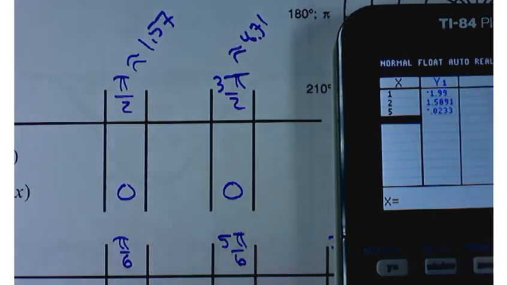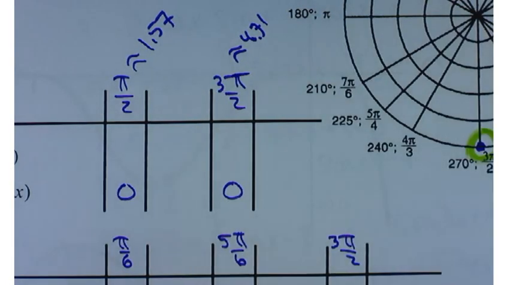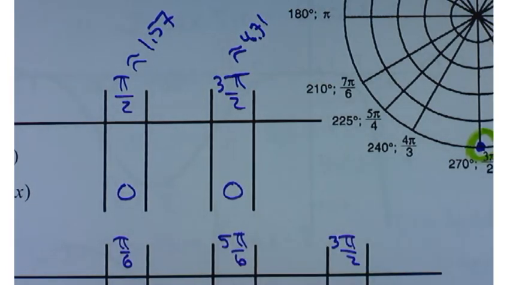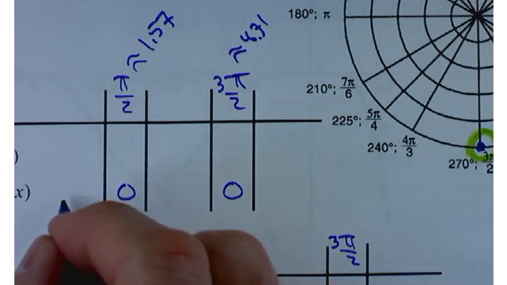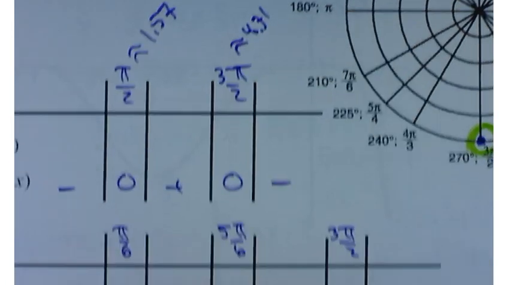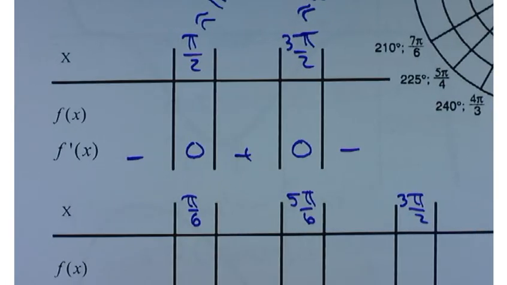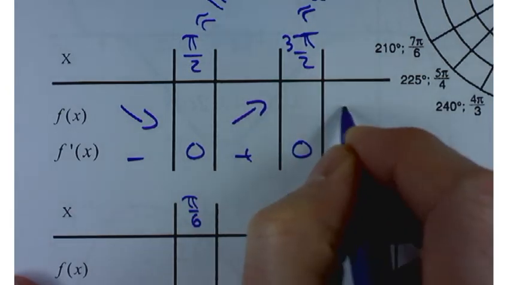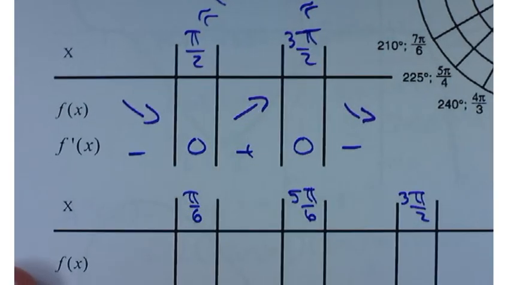So positive, negative, positive. That's what this is telling me. No, excuse me, the other way around. Negative, positive, negative. What's that saying about the graph? Decreasing, increasing, decreasing.